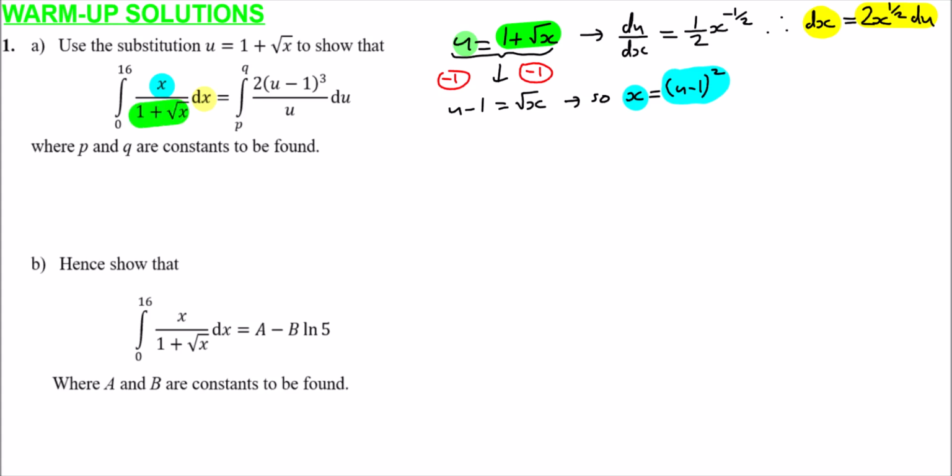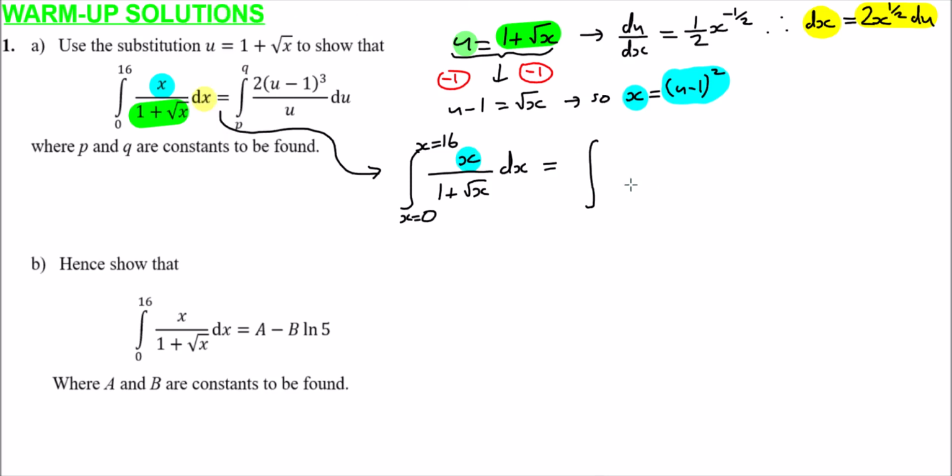Putting all those pieces together, we can switch an awful lot now. So essentially we can tackle it. That was from x being 16 down to x being 0. So I had x all over 1 plus root x, with respect to x. We can now input these changes. x we can change to u minus 1 all squared.